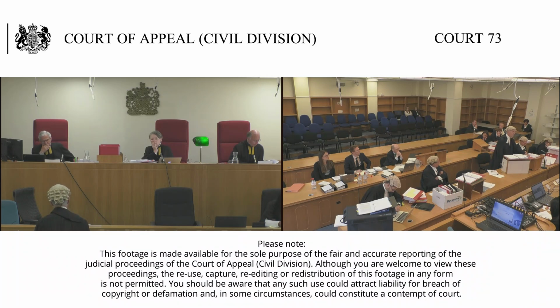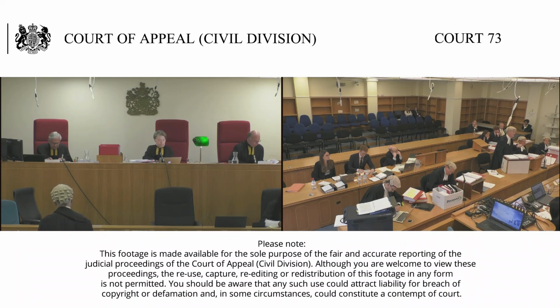Yes, we can obtain orders under, I always get it wrong, the uniform procedure rules of the US courts. Is it 1782? Yeah, 1782. It enables you to get documents in aid of foreign proceedings. So we'd apply for a 1782 order against that.